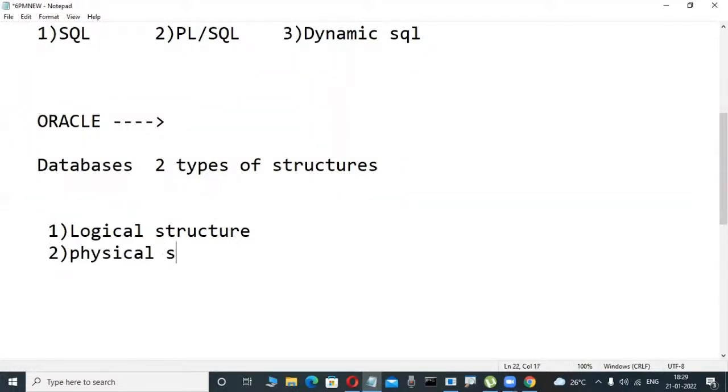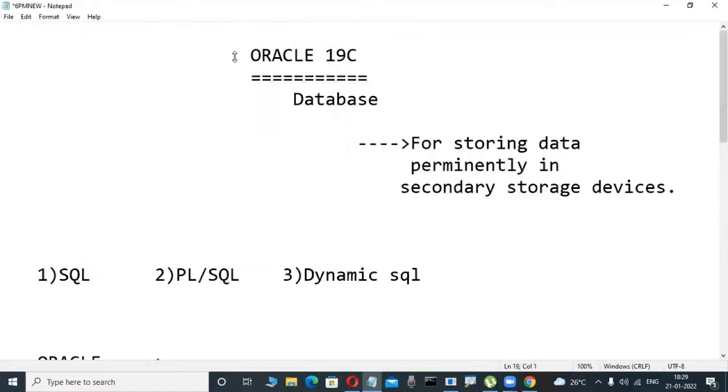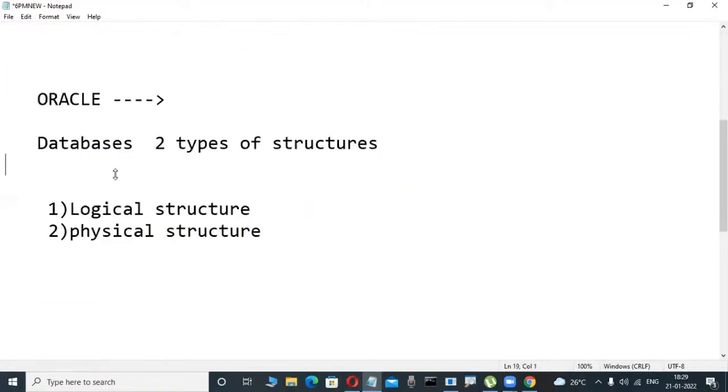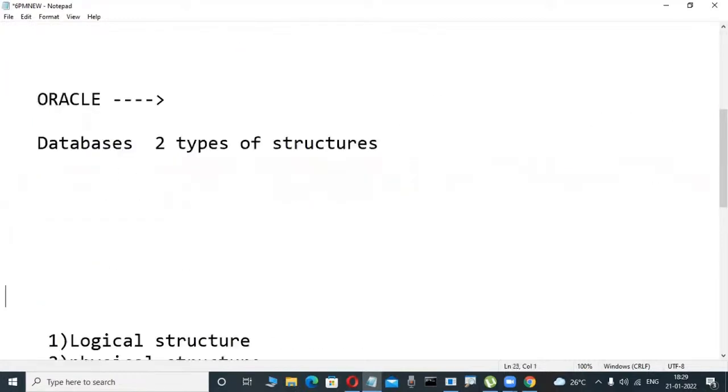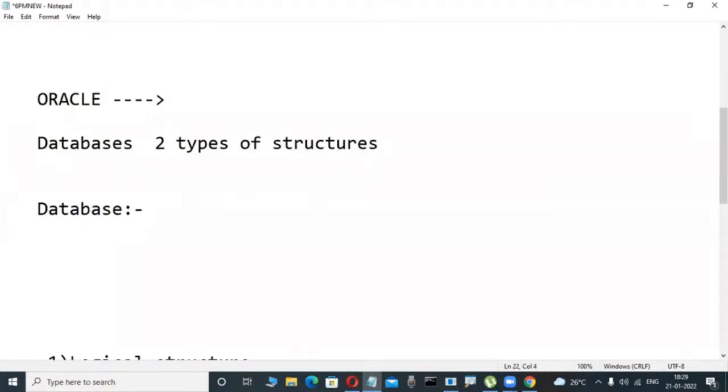Before we tell what the logical and the physical structure are in every type of database software, just the database definition. In books, many fellows write it like this. Today at least you will understand. What does database mean?